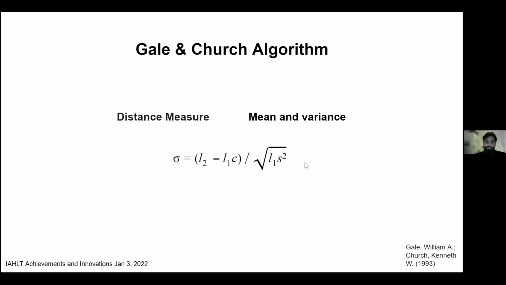The distance measure is based on the assumption that each character in one language gives rise to a random number of characters in the other language. So if you look at this equation here, the mean, which is the C, is the expected number of characters in L2 per character in L1, and the variance is the variance of the number of characters in L2 per character in L1.